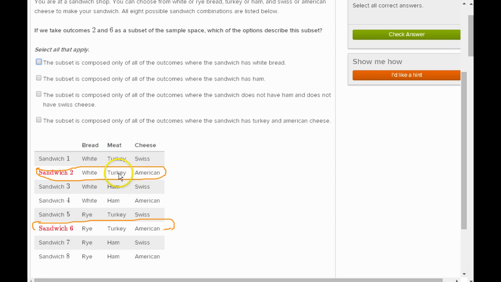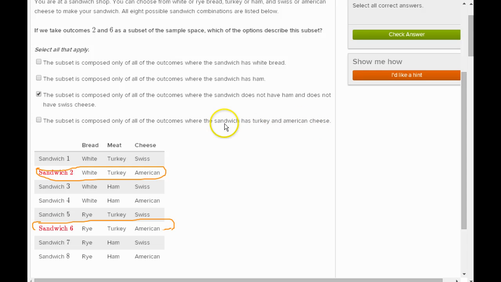No ham, no Swiss. So that means if it's not having ham, it has to have turkey. If it's not having Swiss, it has to have American. So if it's not ham or Swiss, then it must be turkey and American. That one looks right.